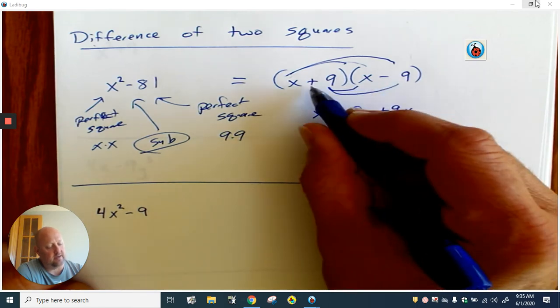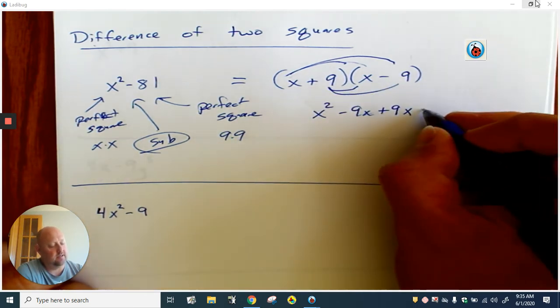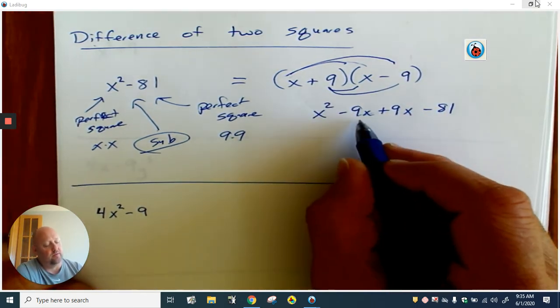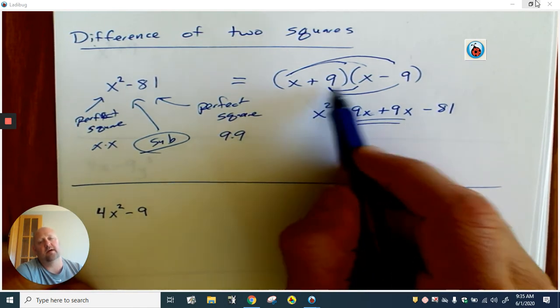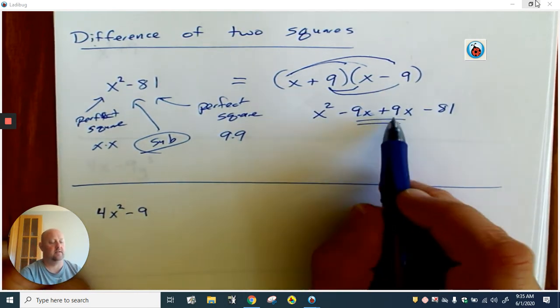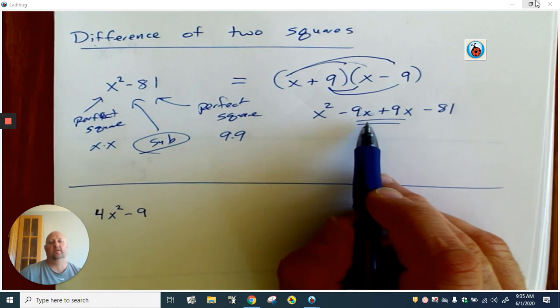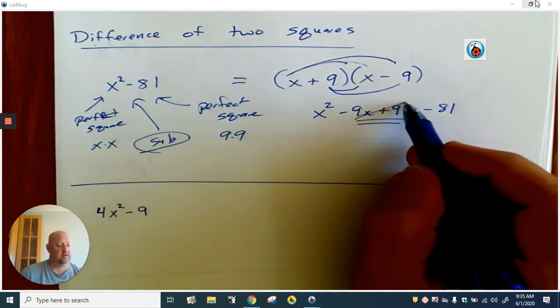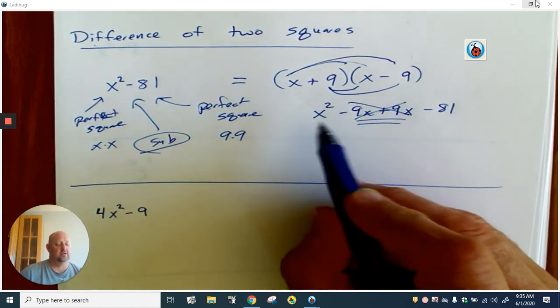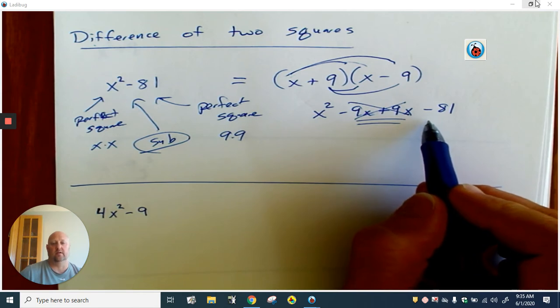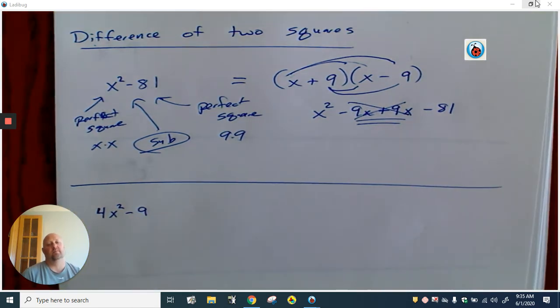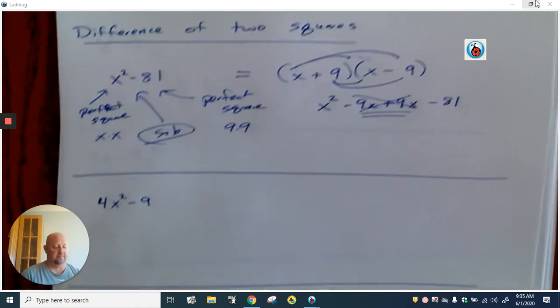And then positive times a negative 9 would be a negative 81. What will always happen, because the positive and the negative are the same, the middle terms will end up canceling each other out, leaving me with just the x squared minus the 81.